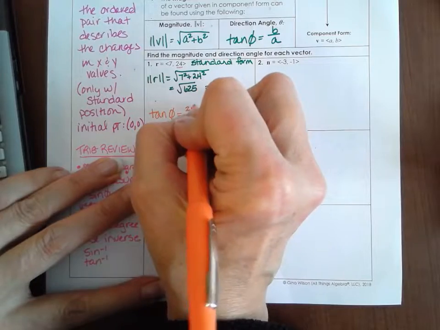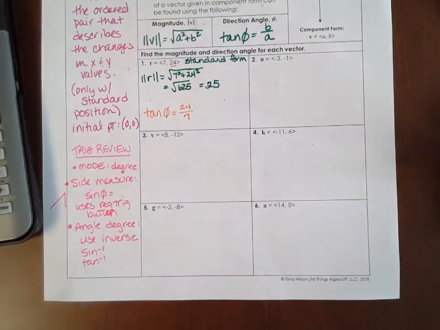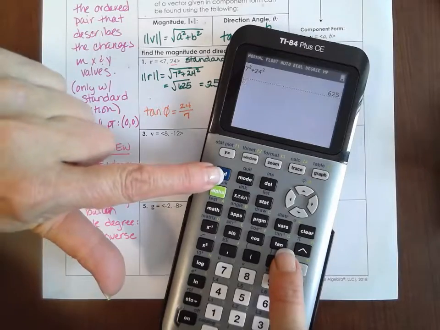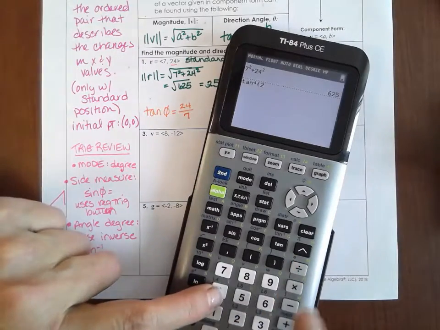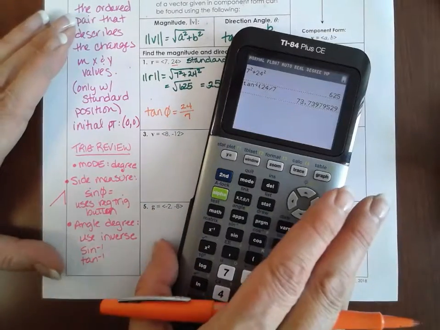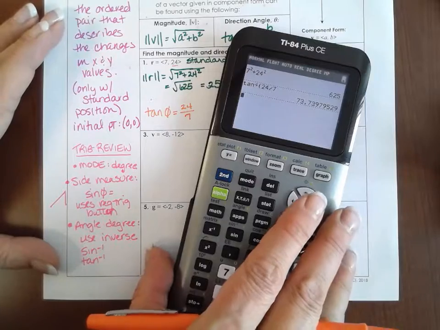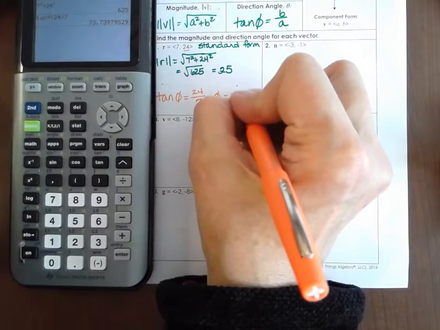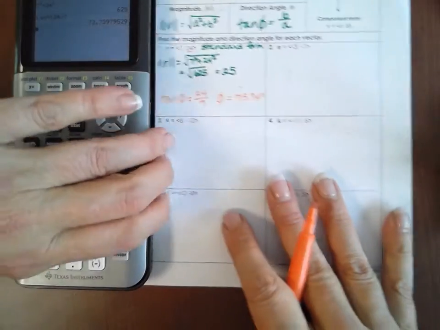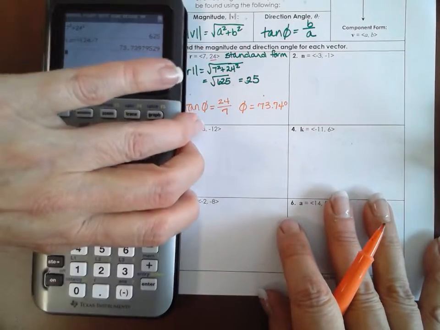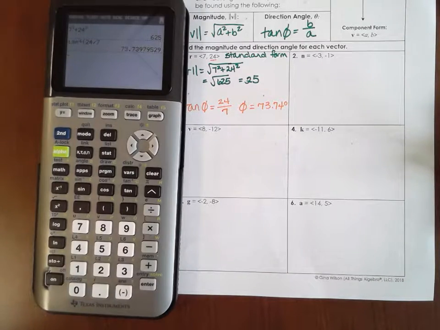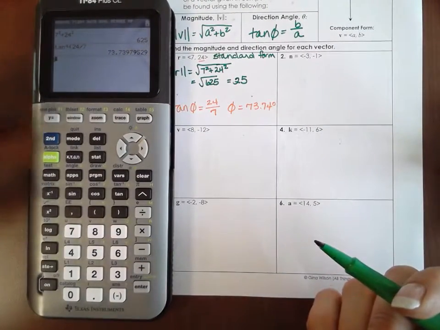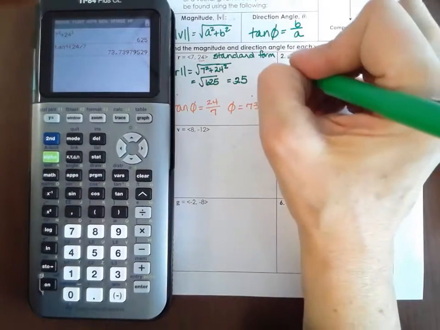Well, b is 24, a is 7, and so to find out what that degree is, I just take my calculator, I do my tangent -1, and then 24 divided by 7, and there's my degree measure. So theta is 73.74 degrees. Good? Yes?